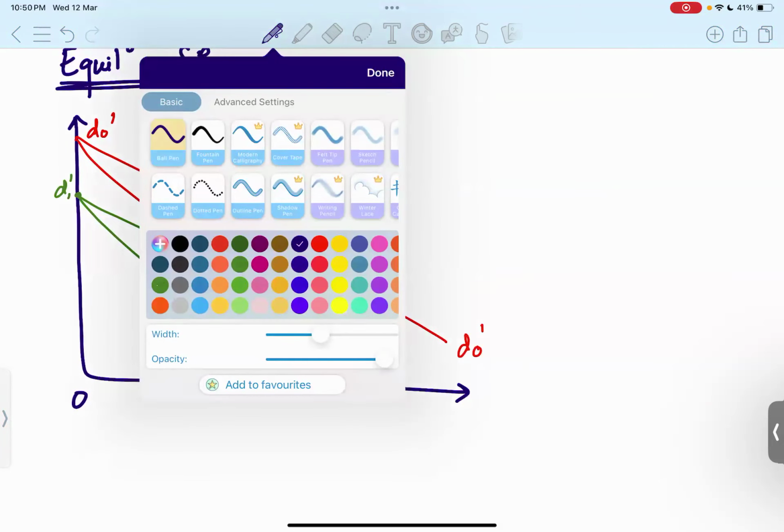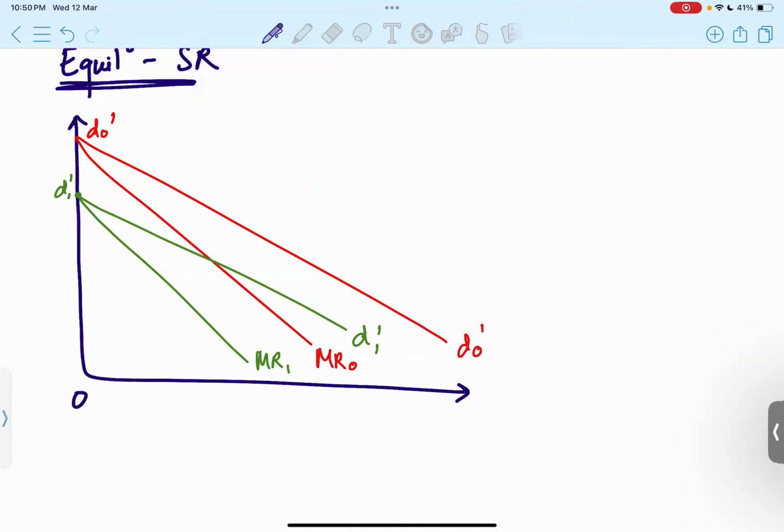Now we will draw the proportional demand curve. The proportional demand curve would be like this, and it would be crossing the point where the marginal revenue and the perceived demand curve, after it has shifted downward, intersect at this point.